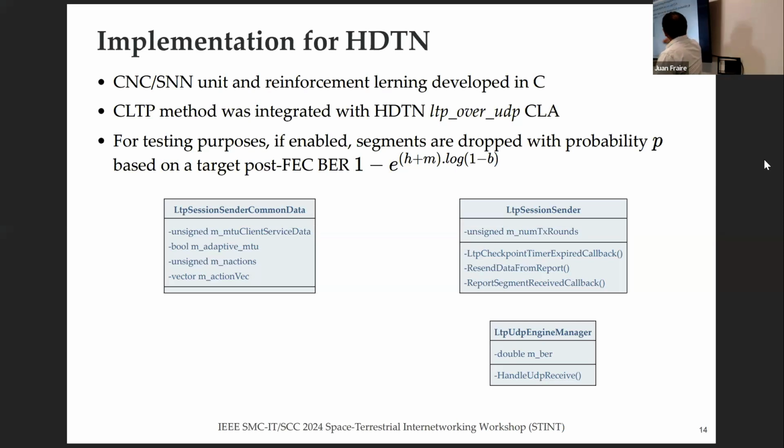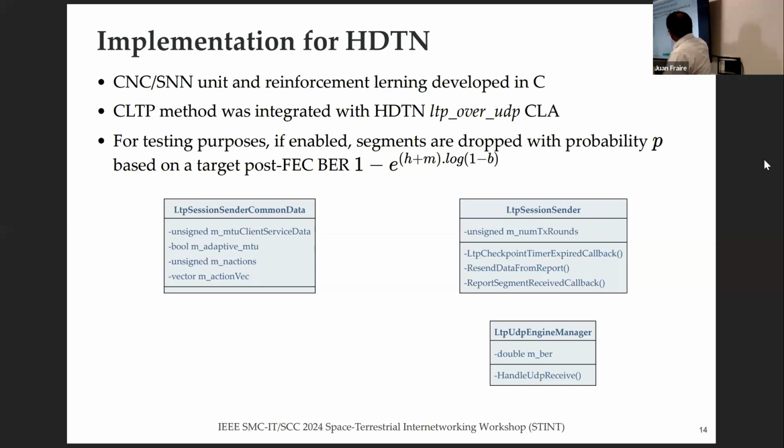So we have, for instance, a callback that is invoked when we receive a report, or whenever we have a timer expiration, or when we receive a report segment, and so on, right? So based on those callbacks, we update this parameter over here. And that is essentially the one we use to train the neural network.